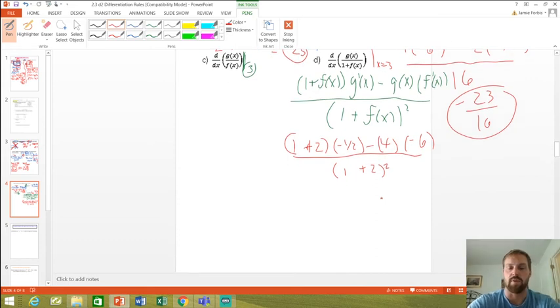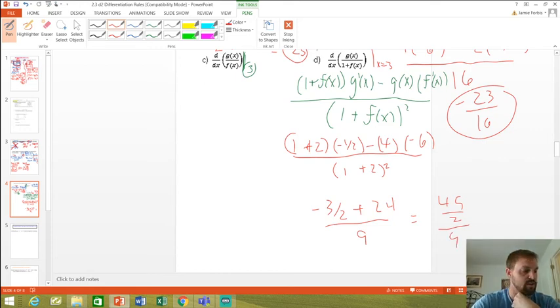Just simplifying that out a little bit. That on top, that's going to be negative 3 halves minus negative 24, so plus 24 over 9, which gives me, we can keep going if you really want. I think that's going to be 45 over 2 divided by 9, if you simplify that fraction.